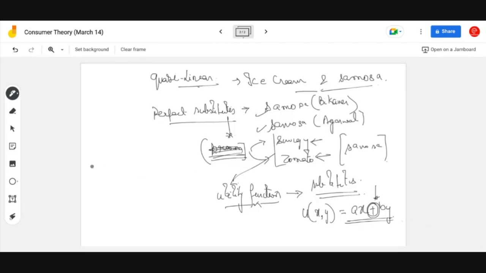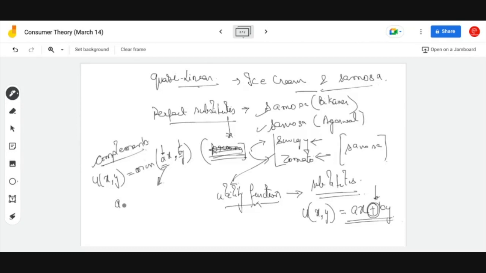Now, in the case of complements, again x comma y, let's say we are talking about 2 goods. In this case, we will have the minimum of ax comma by. Here a and b are constants.